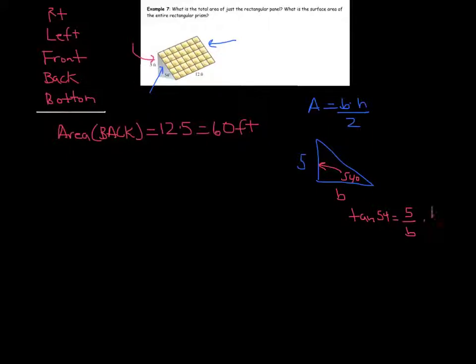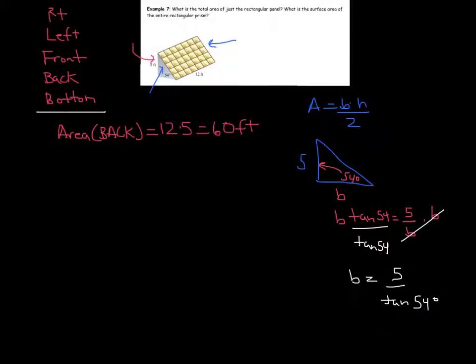So we need to do 2 steps here. We need to multiply by b on both sides so that the b's cancel. And then we need to divide by the tangent of 54 on both sides. So b is actually going to be 5 over the tangent of 54.